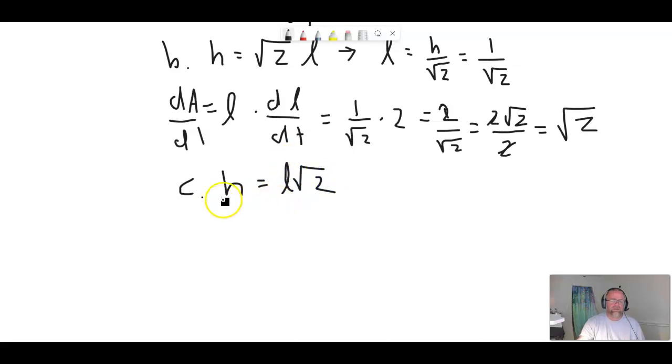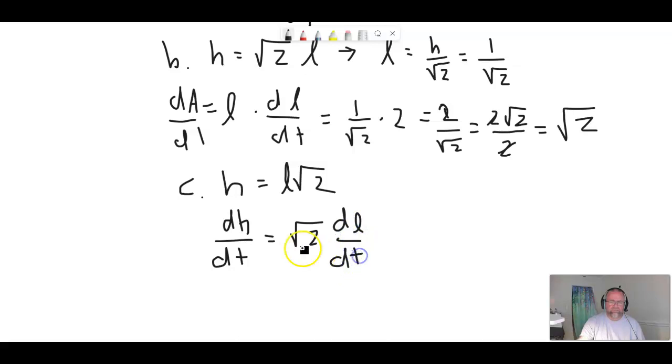Now at this point, if I just differentiate both sides with respect to t, I'm going to get the derivative of H with respect to t is equal to, the L is just going to drop off, just leaving me the square root of 2 times the derivative of L with respect to t, right?